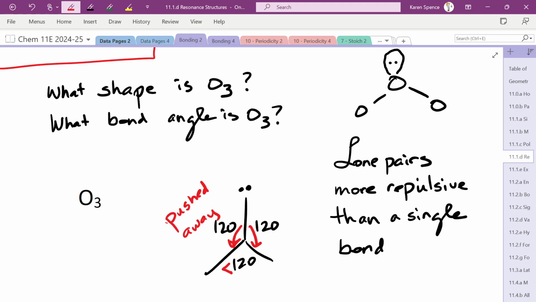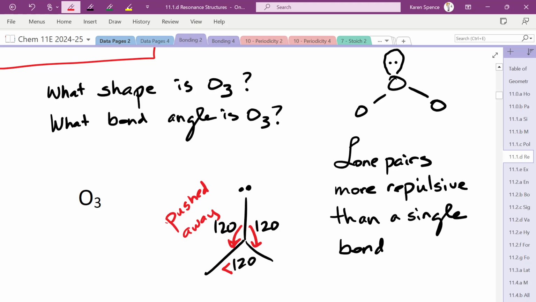It is more repulsive. What do my arms do? Yeah. So what is this angle here? Less than 120. Okay? And the angle between the lone pair and the bond is more than 120, but we're never looking at a lone pair bond angle. We're always looking at the angle between 2 bonds. Okay? Yeah.